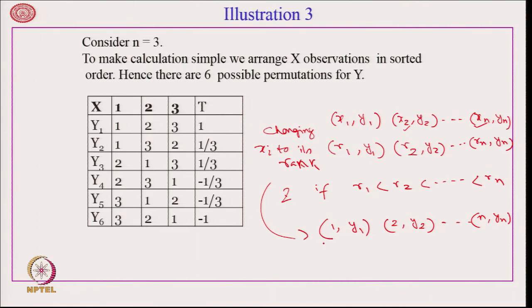In other words, the calculation becomes simple if we arrange one observation, maybe the x, in sorted order.